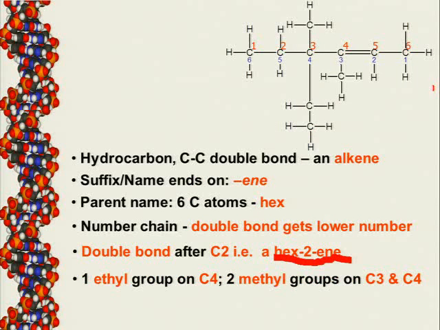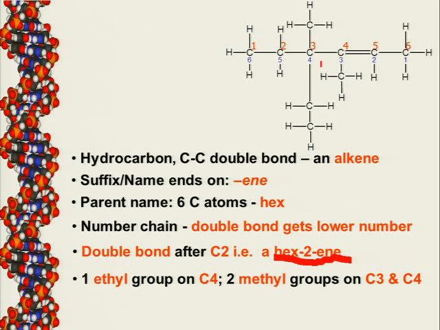I know that E comes before M, but the E that comes before M is not going to change my numbering. The numbering for the alkene is determined by the double bond, not the substituents. The substituents will be there, but they will not determine how I number my parent chain.